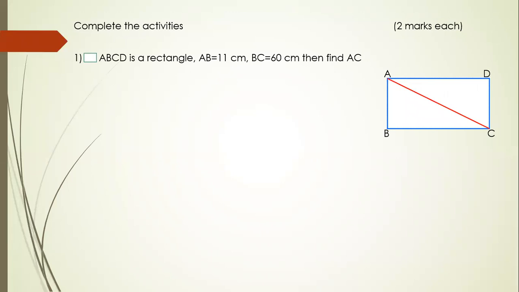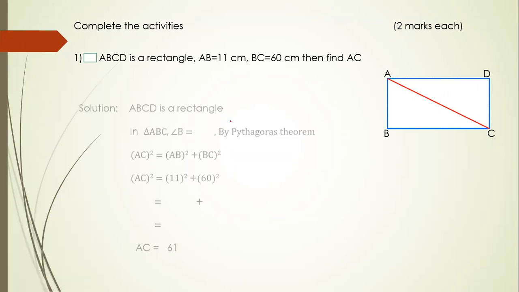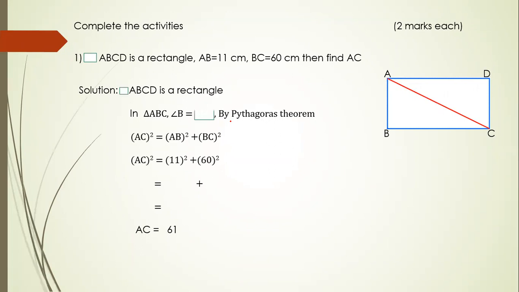So here you can see on your screen a rectangle ABCD. In this, AC is a diagonal. If you will look at the heading, it is complete the activities. So in this, you can see that the sum is already solved.